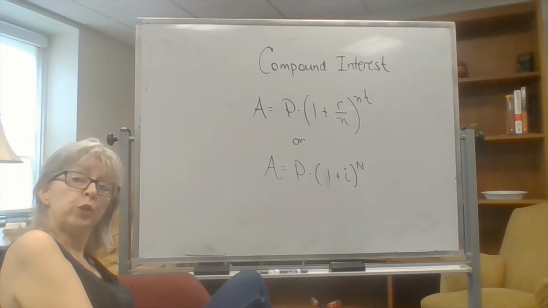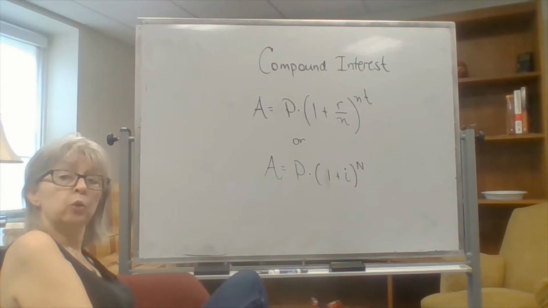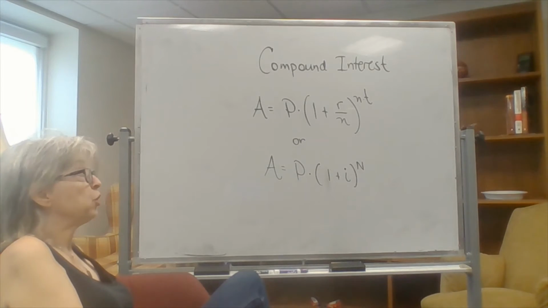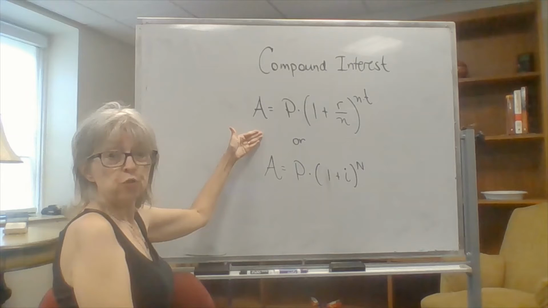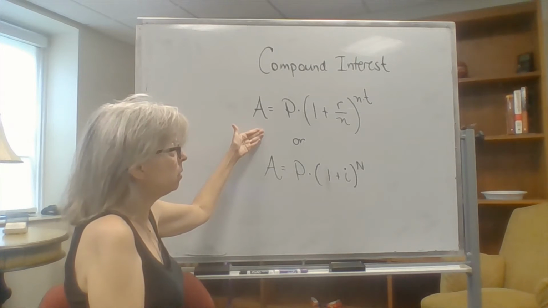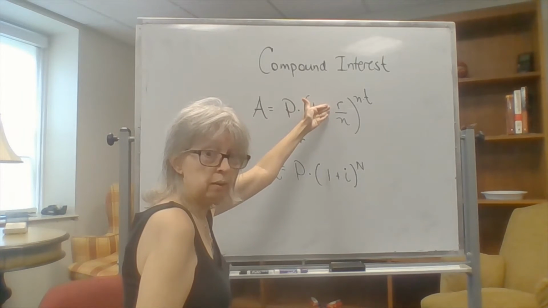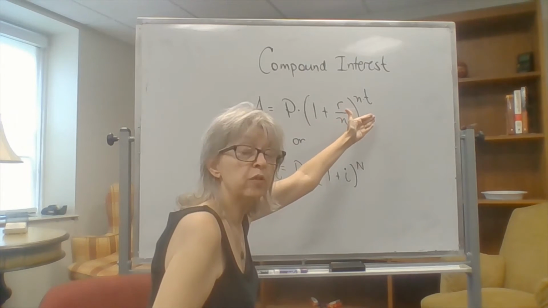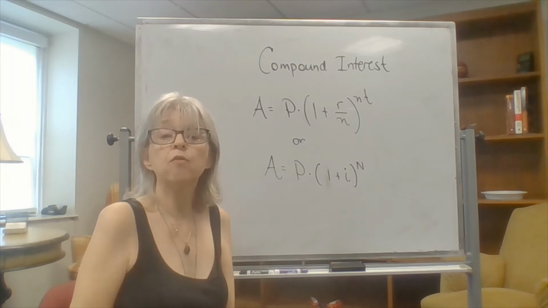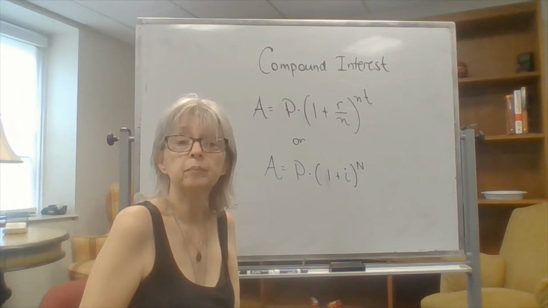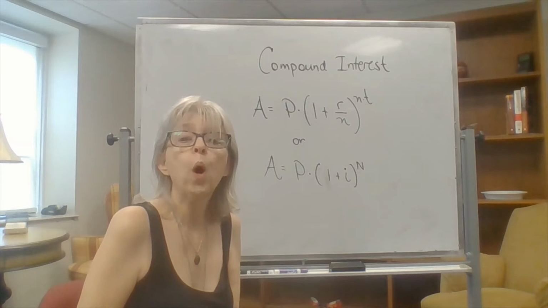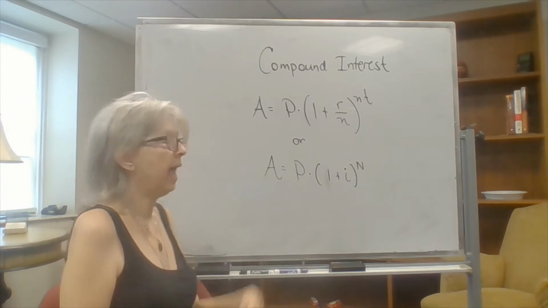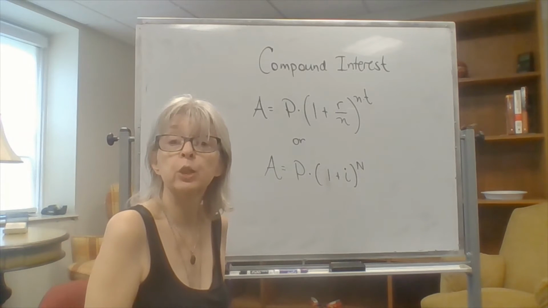But I've built for you a Google Sheet template that asks you for future value or accumulated amount, annual interest rate, number of compoundings per year, and number of years, and then it pops out for you your principal, your present value, what you need to invest so that after that time has elapsed, you have the amount of money that you want.